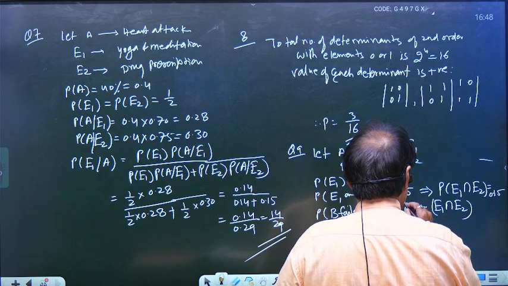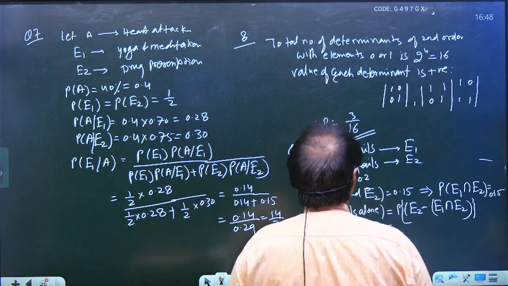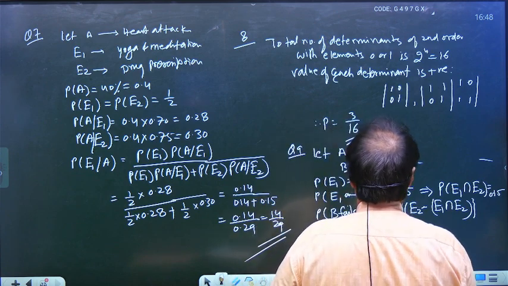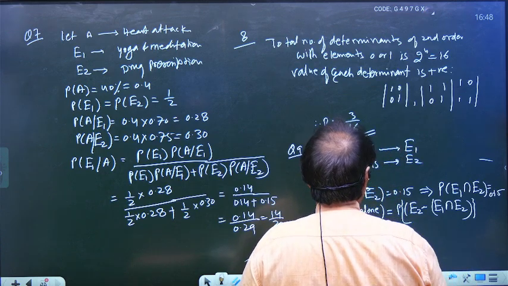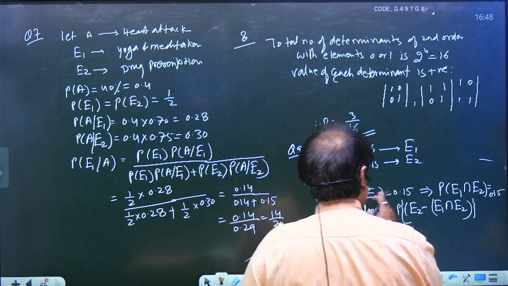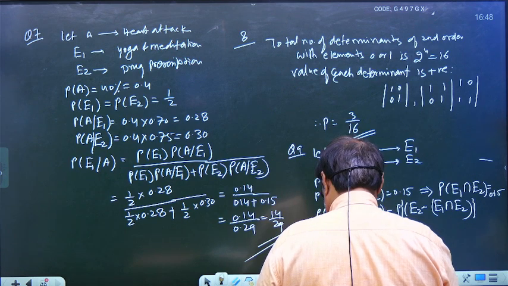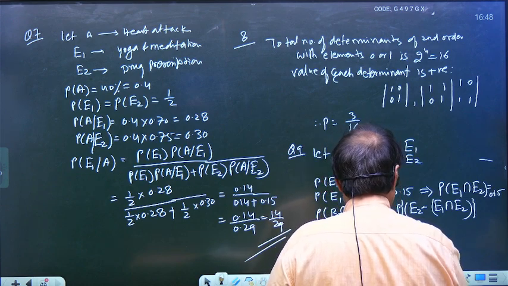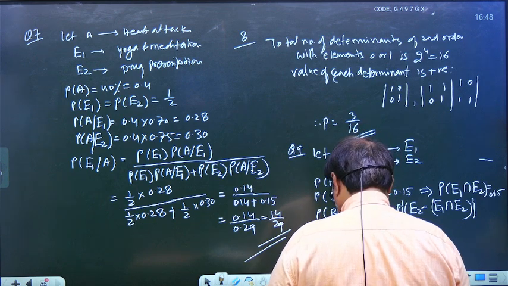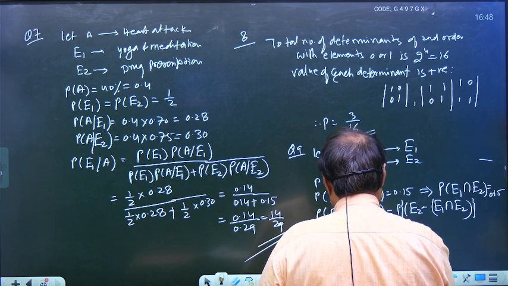So probability of E2. What is E2? E1 intersection E2 is given 0.15.